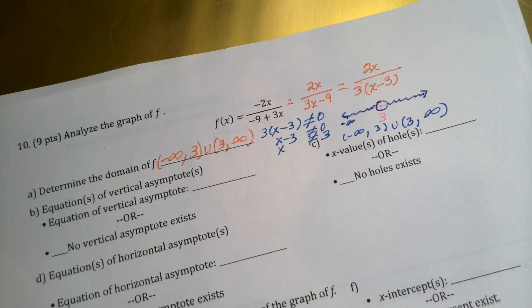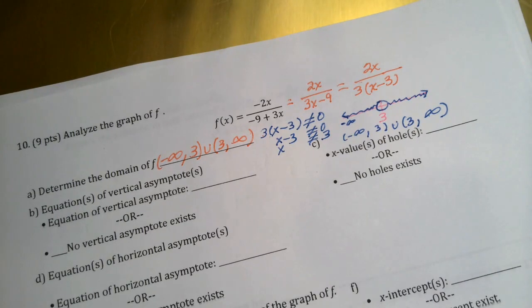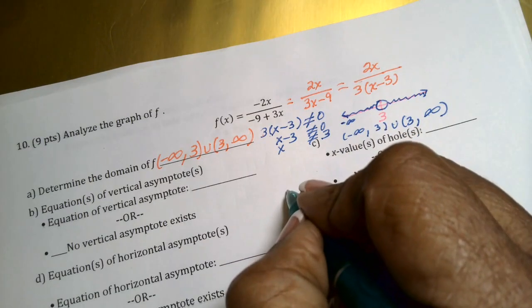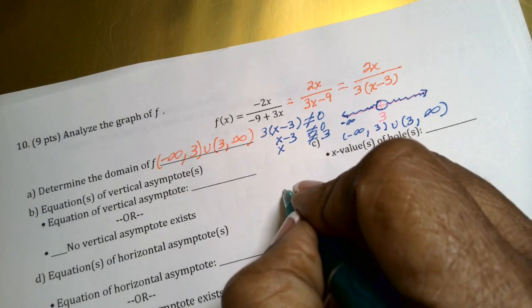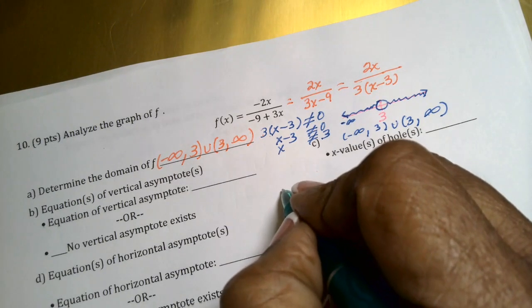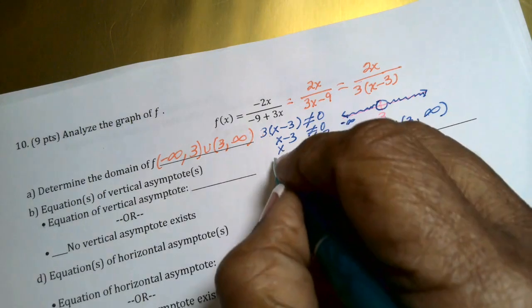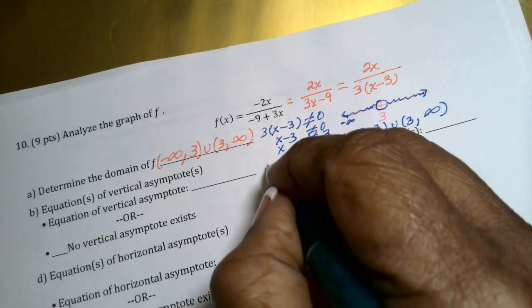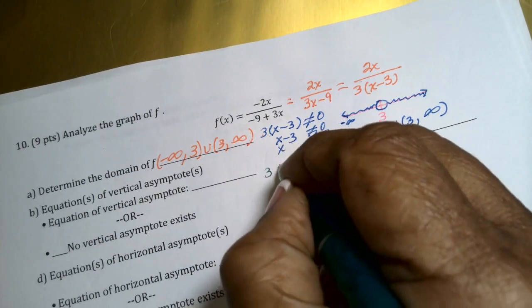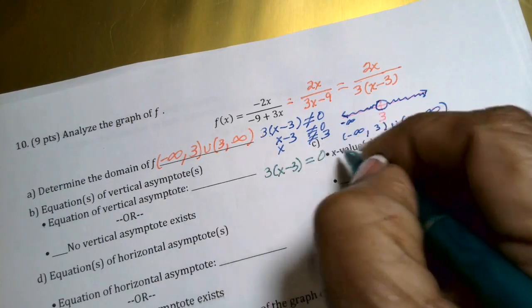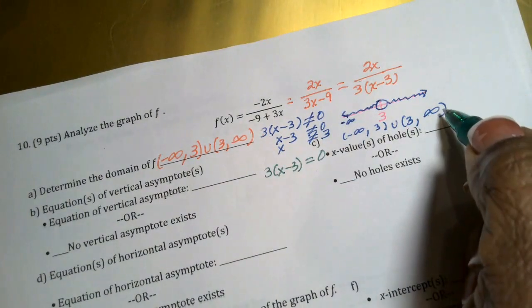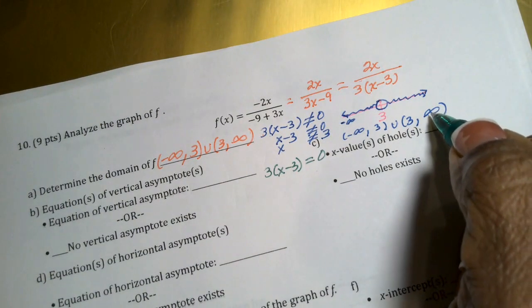Part B, find the equations of the vertical asymptote. Whenever the denominator is 0, that's when vertical asymptotes are created. We're not allowed to divide by 0. So if we're looking for a vertical asymptote, then we go ahead and set the denominator equal to 0, and we solve it the same way as we did before.